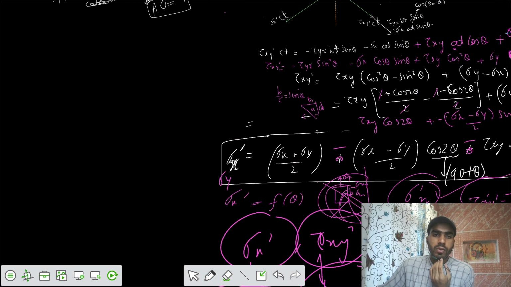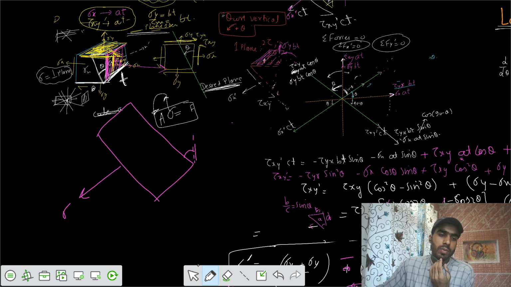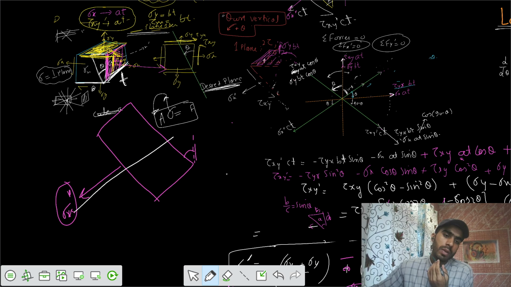See, when you derive that, we say we got this plane. This is the plane on which we want to find that particular value of sigma. On that plane there is some normal stress that is called sigma x dash. But if we have one more plane that's perpendicular to this plane, on that plane there is some stress acting, that's called sigma y dash.